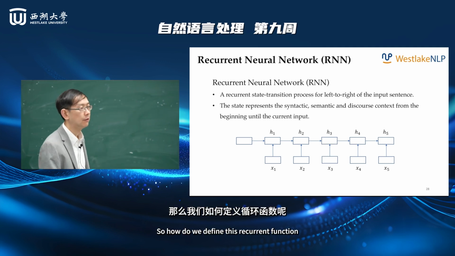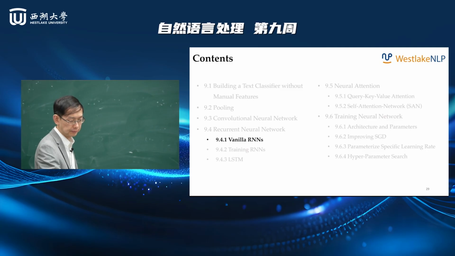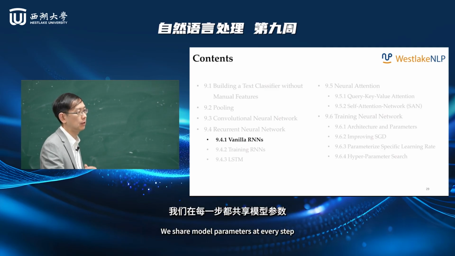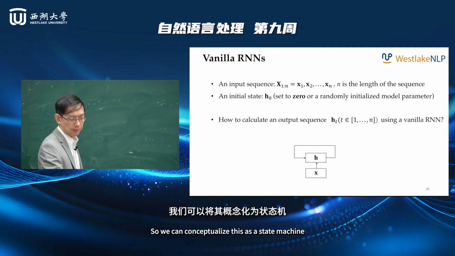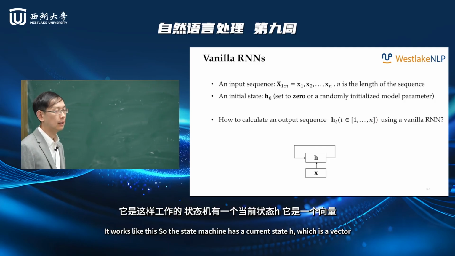So how do we define this recurrent function? Similar to convolutional neural networks, we want every step to be exactly the same. We share model parameters on every step, okay? So we can conceptualize this as a state machine. It works like this.